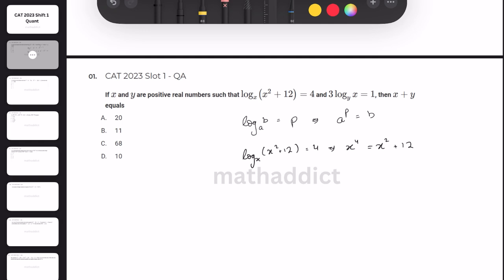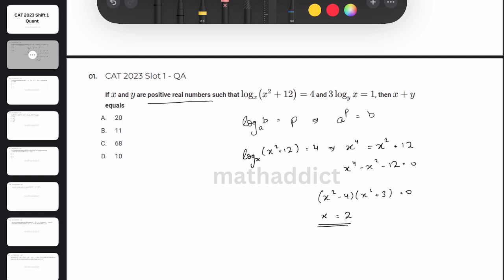So that is x to the power of 4 minus x square minus 12. This would be factorized as x square minus 4 into x square plus 3. So as x is a positive real number, the solution we are concerned with is x equals 2.